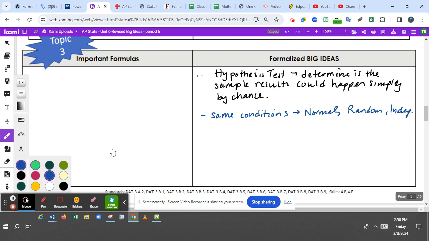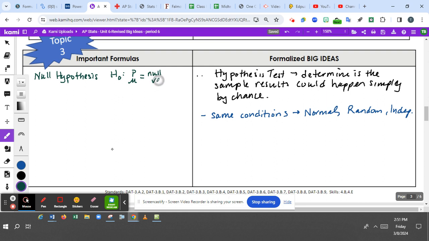So one of the new things that we saw was the idea of a null hypothesis. Okay, so a null hypothesis, which is H sub naught, and it always is either a p or a mu, and it's equal to the value in the claim, which we call the null value.